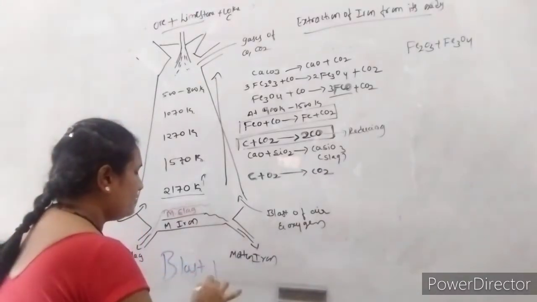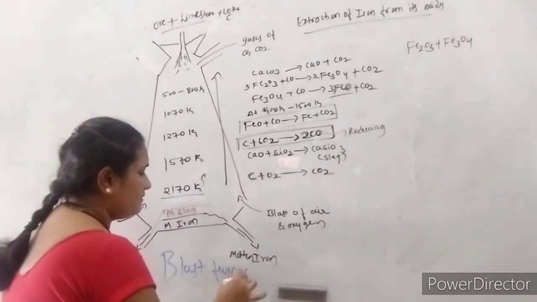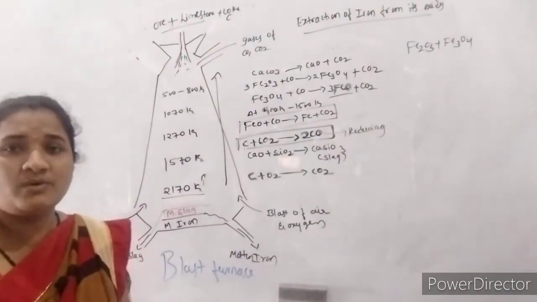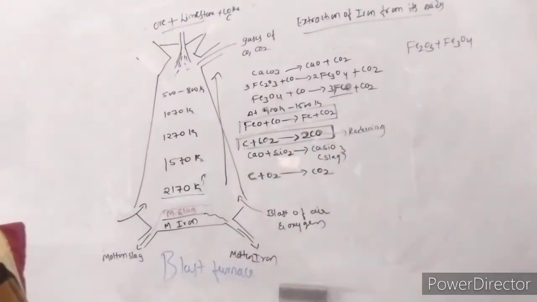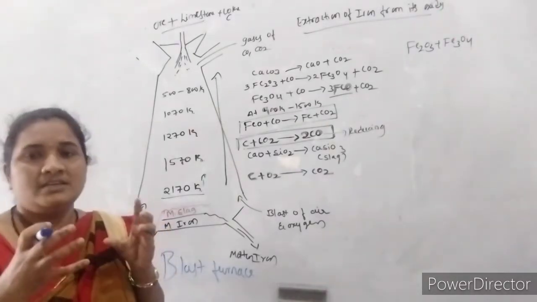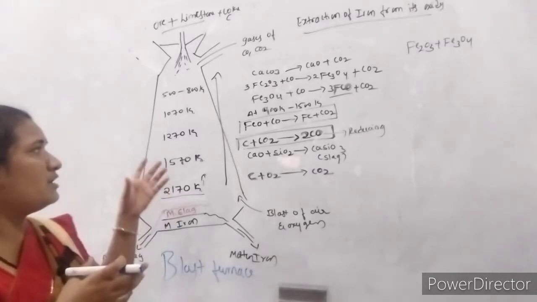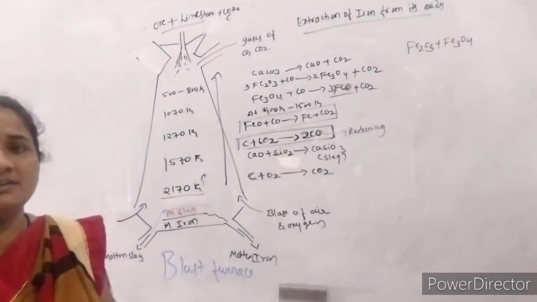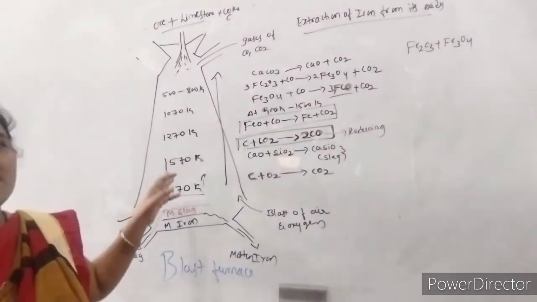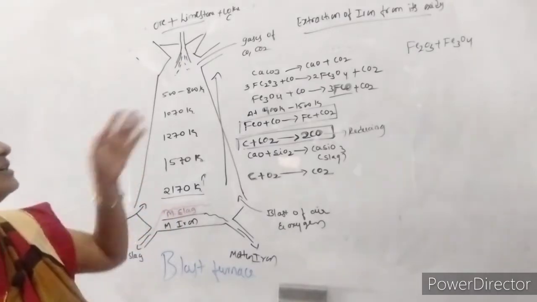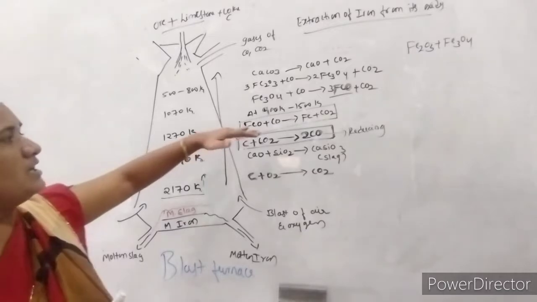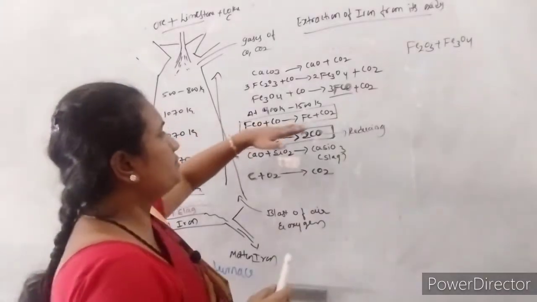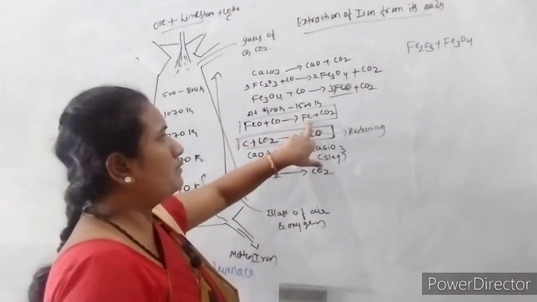The name of this furnace is blast furnace, because it requires high temperature, a red hot temperature is maintained. Then we are able to decompose all the iron ores. So the temperature is also important in the extraction of iron from its oxide. This is about the conversion of iron oxide into iron by using carbon monoxide.